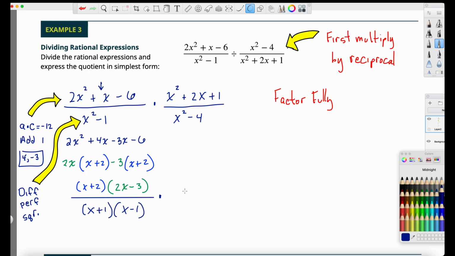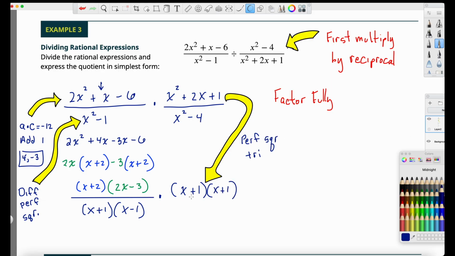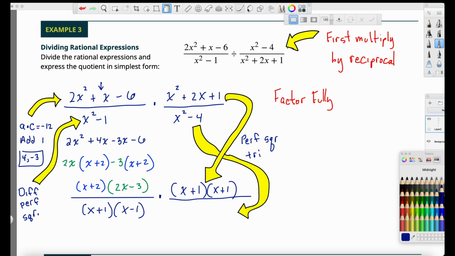In the numerator of the second rational expression, we have a perfect square binomial, x plus 1 times x plus 1, and then another difference of two perfect squares. So we got x plus 2 times x minus 2 in the denominator.